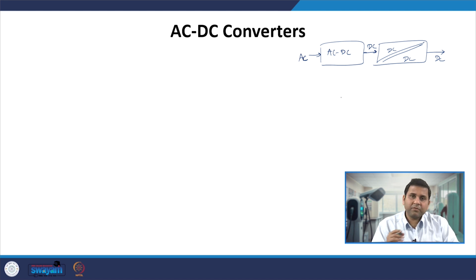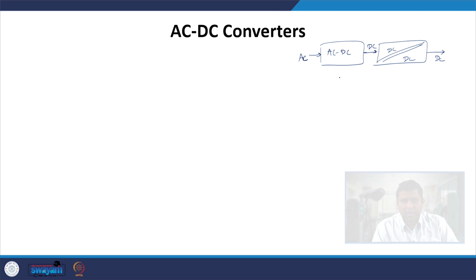Now depending upon whether it is an AC charger or DC charger, this will be either placed on the vehicle or outside the vehicle. So we will discuss both scenarios, and we will see the different AC-DC converters one by one and try to understand different aspects of those converters.